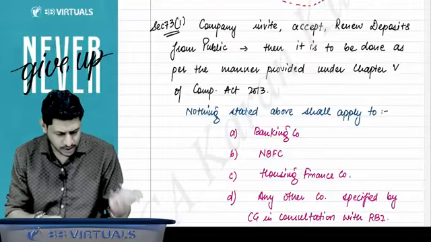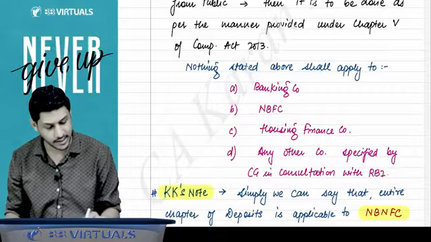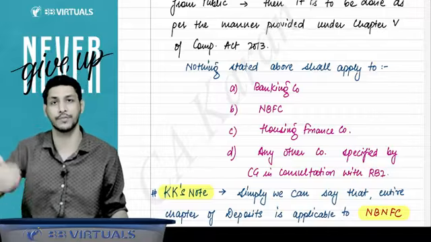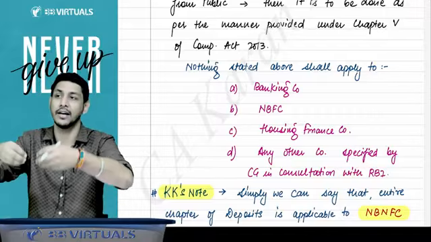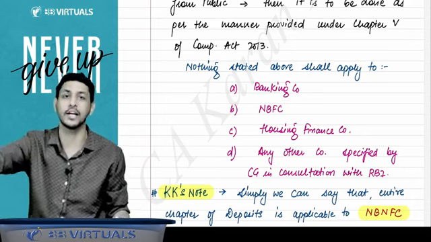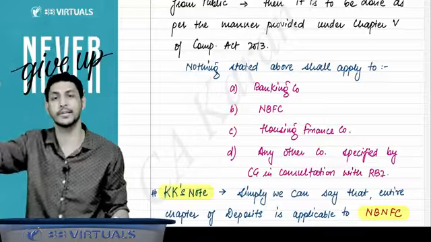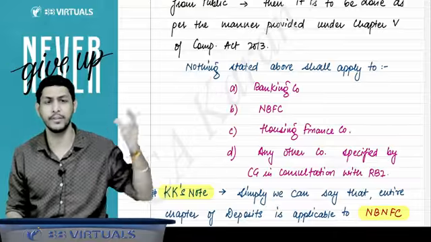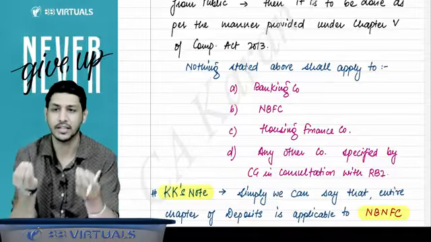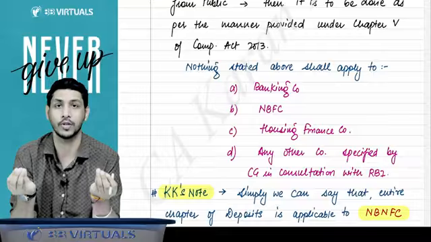However, these rules, these deposit sections and everything, will not be applicable to a banking company. If a banking company is accepting deposits from the public, it is the default operation of the banking company that very frequently, on a daily basis, they accept numerous deposits from the public. Will they comply with these provisions again and again? No, because they are very frequently accepting deposits from the public.